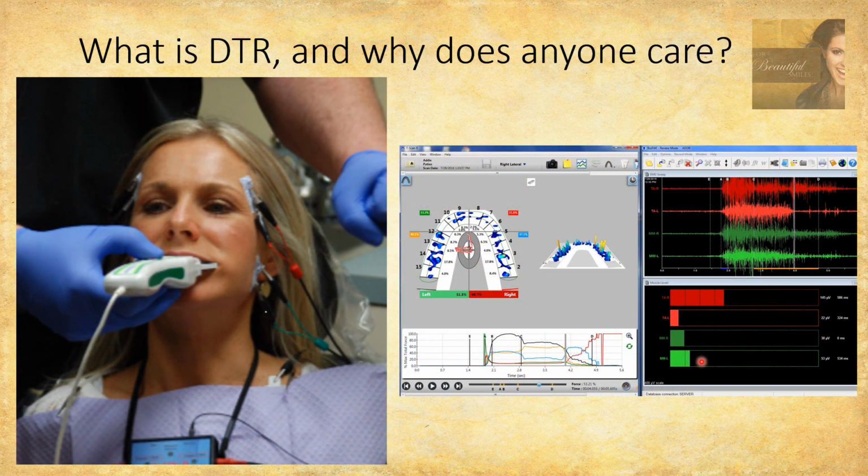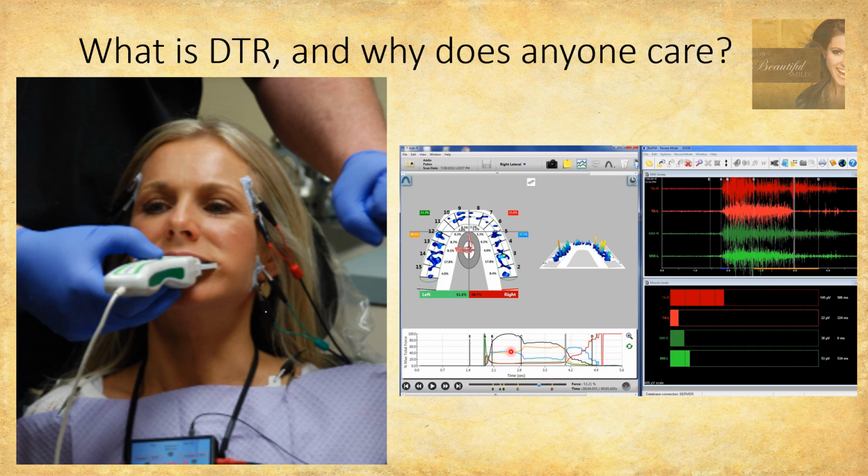Okay, so what is DTR and why does anyone care? DTR stands for disclusion time reduction. It is a way to measure the temporalis muscle along with the masseter muscle at the same time with bite force and bite timing. What you see here is T-Scan data, and over here you see the muscles in real time with whatever's happening with the bite.